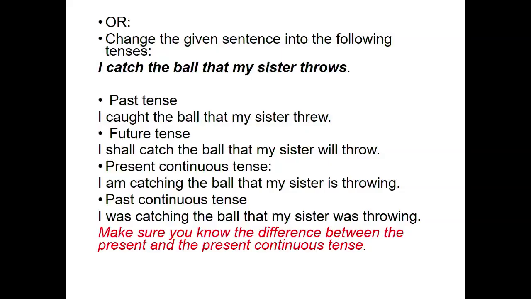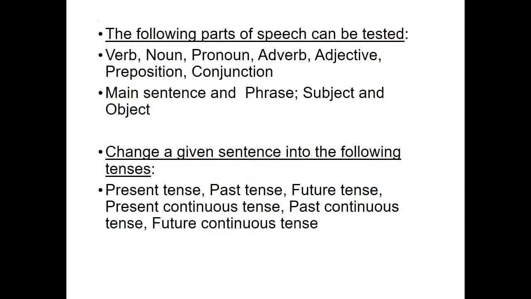I can also ask you to write down the present tense and then give the sentence in the past tense. Make sure you know your simple tenses and your continuous tenses. That's very important. The following parts of speech can be tested: a verb, a noun, a pronoun, adjective, adverb, preposition, conjunction, the main sentences, the phrase, the subject, and the object.